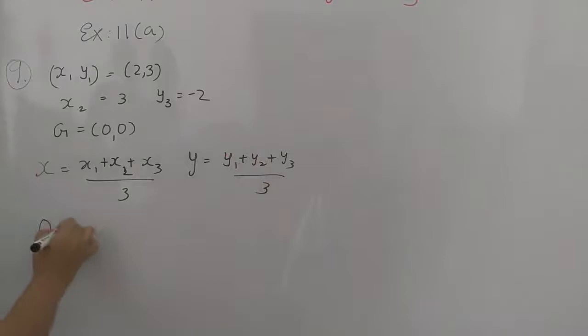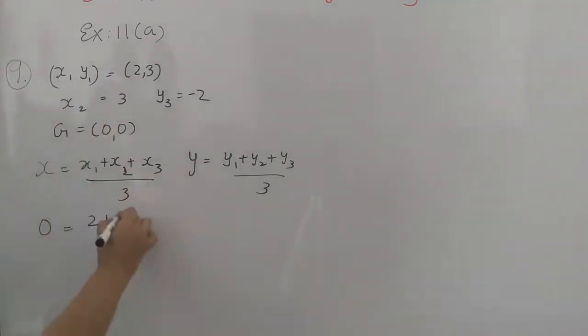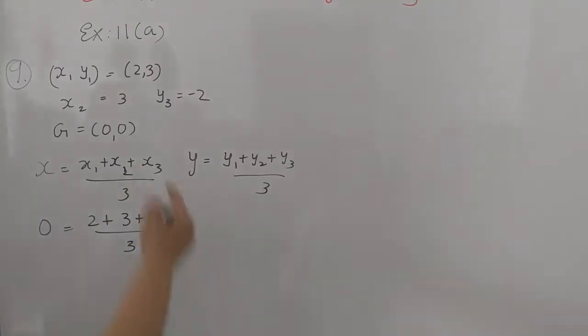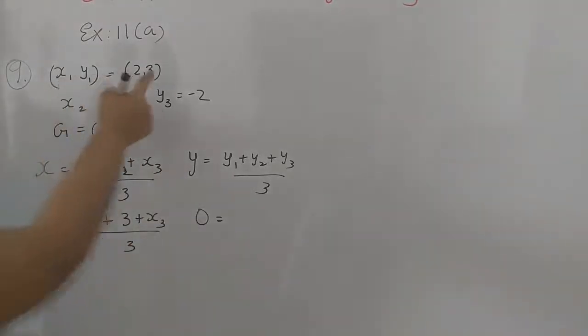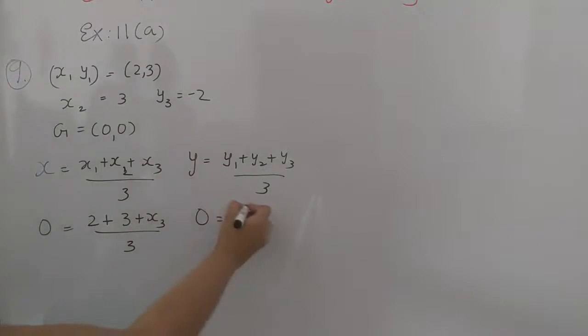We substitute the centroid coordinates 0, 0. So x is 0, x1 is already 2, x2 is given 3, x3 we have to find out, so I substitute x3 as it is. The y coordinate is also 0, y1 is 3, y2 we have to find out, and y3 is minus 2.